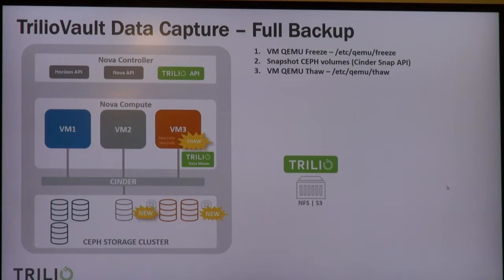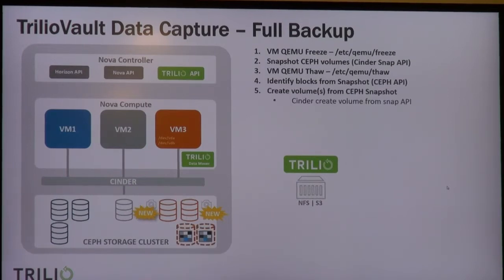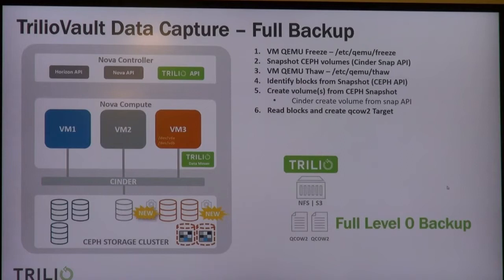After the thaw, we calculate the changed blocks from the snapshot via the Ceph API. For any other storage, we go block by block through the snapshot, create new volumes out of those snapshots, present those volumes to a compute node where they are read by the Trilio data mover, converted into QCOW2, and written to the backup target.